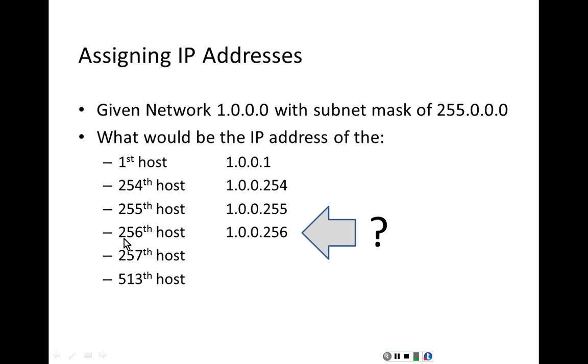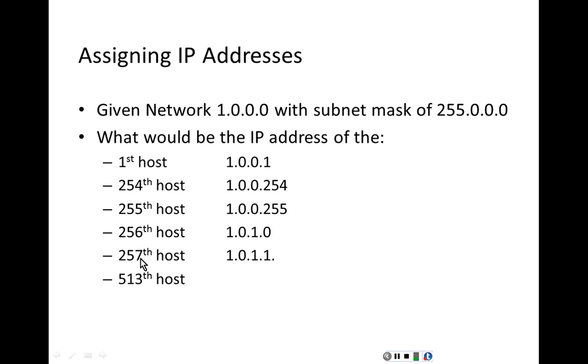Well, when you get to the highest number that you can have here, which is all ones, which is represented as 255, to represent the next higher value, this octet becomes 0, and then you use the first bit in the next octet. So, the way you would properly represent the 256th host would be 1.0.1.0, because 255 is the highest that this octet can be. So, once it gets to the highest it can be, it resets to 0, and we use the first bit in the next octet. Very tricky to understand.